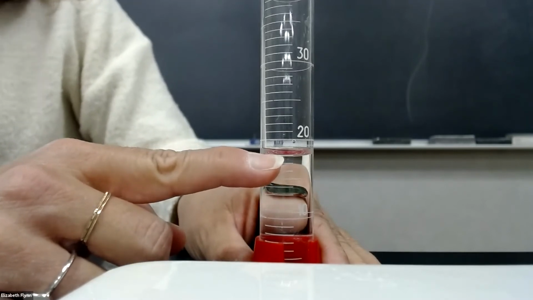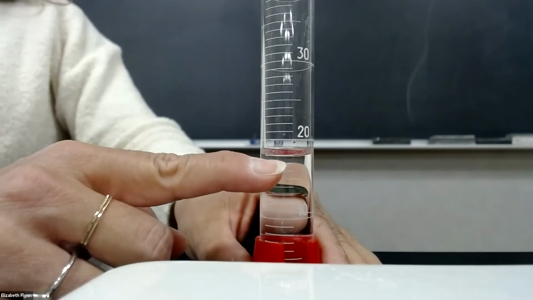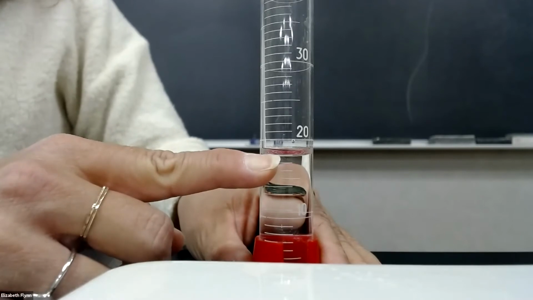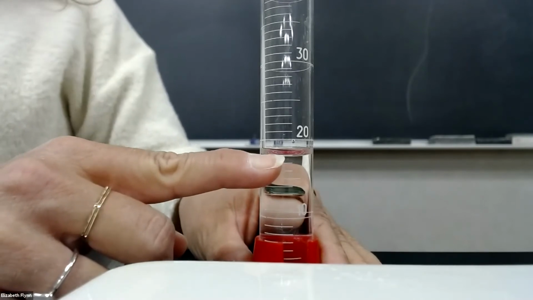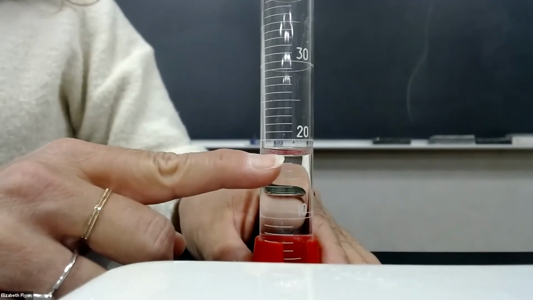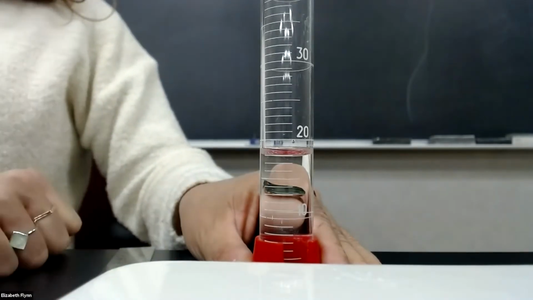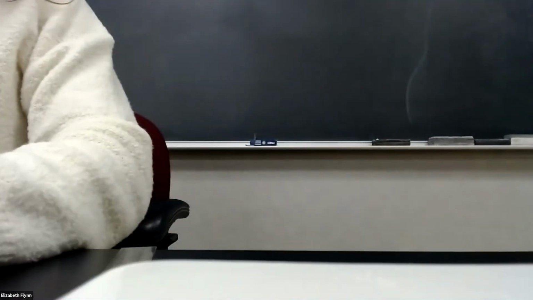And in our measurement that we got 17.9, that's also telling us that the instrument is precise to the 10th of a milliliter. So when it's on the line, we still have to represent that precision. If it were on this line right here, we would say 18.0, but it's a little bit low, so we'll say 17.9.